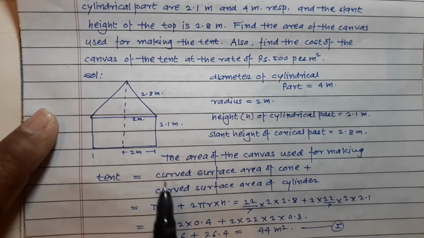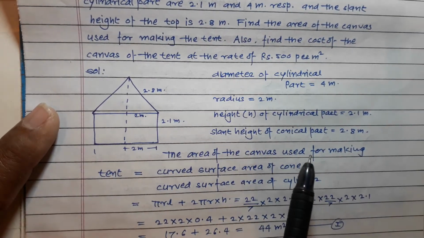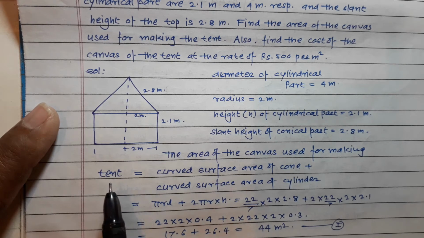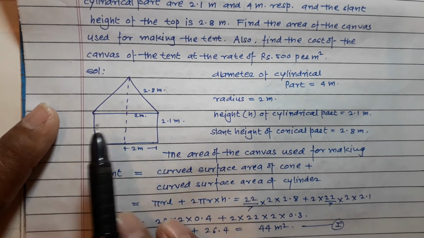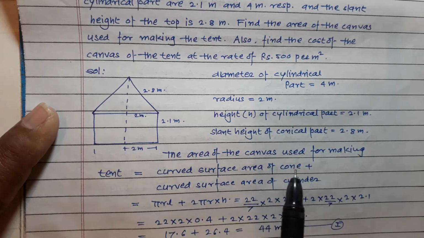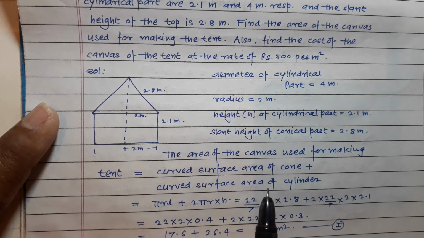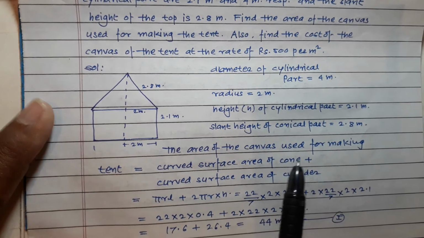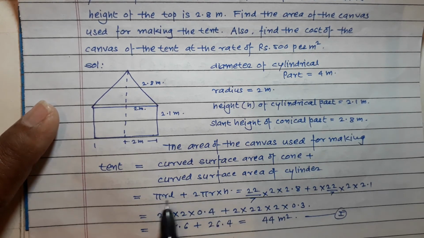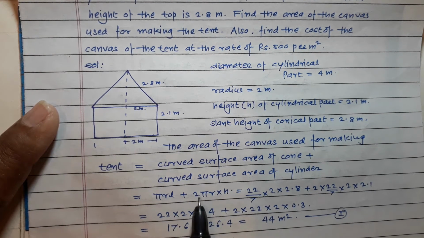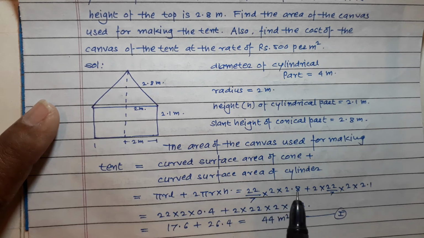The surface area of canvas used for making the tent is equal to curved surface area of cone plus curved surface area of cylinder, which is equal to pi r l plus 2 pi r h, equal to 22 upon 7 into 2 into 2.8 plus 2 into 22 upon 7 into 2 into 2.1.